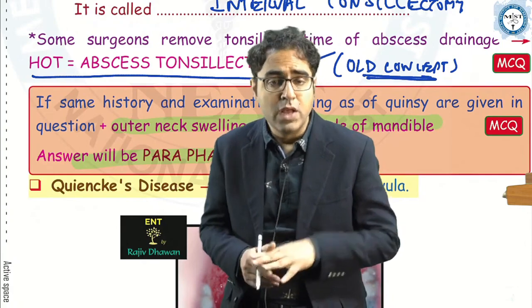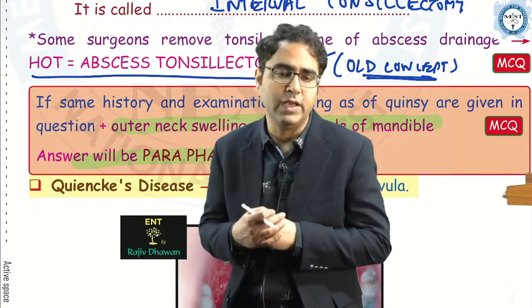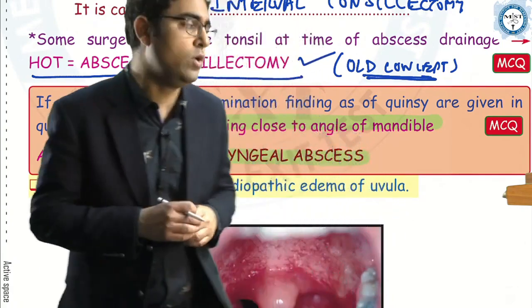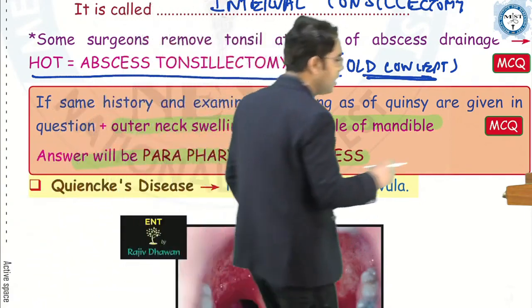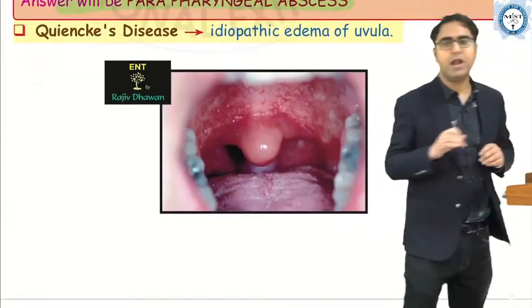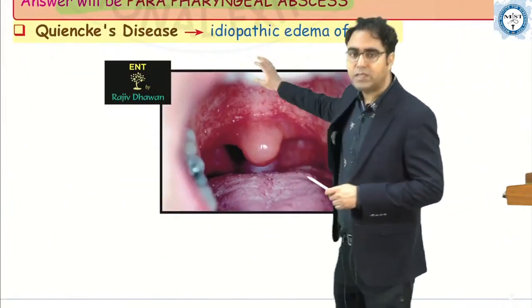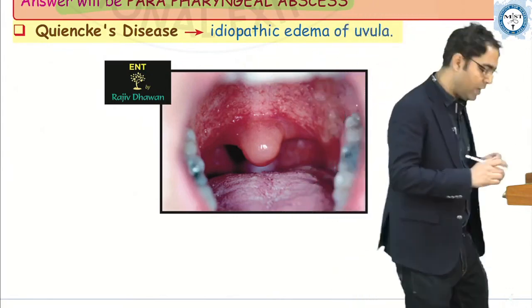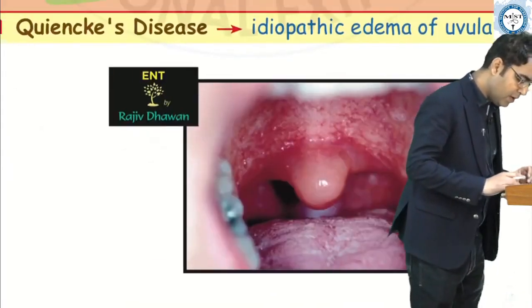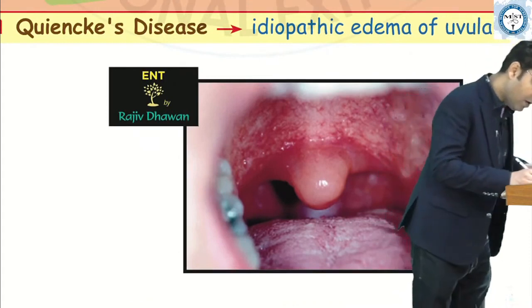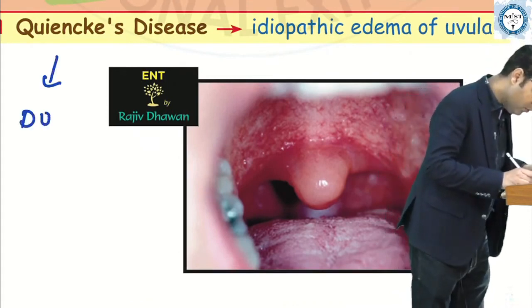Now, one more word which is similar to Quinsy is Fmge disease. Don't confuse this word with Quinsy. Fmge disease is idiopathic edema of the uvula. Can you see the uvular edema? Write it down very clearly over here. Don't confuse it with Quinsy.